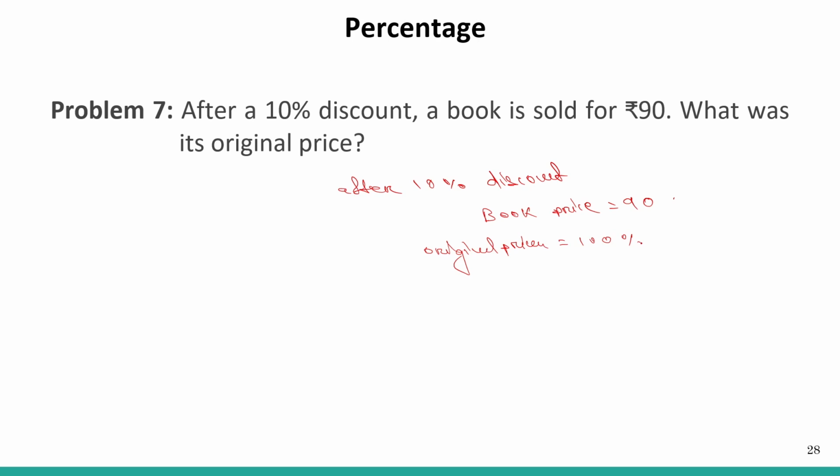Since 90% is equal to 90, let's say the original price is X. So 90 by X into 100 is equal to 90. This implies that X is equal to 100. So the original price is 100, if we assume X as the original price.